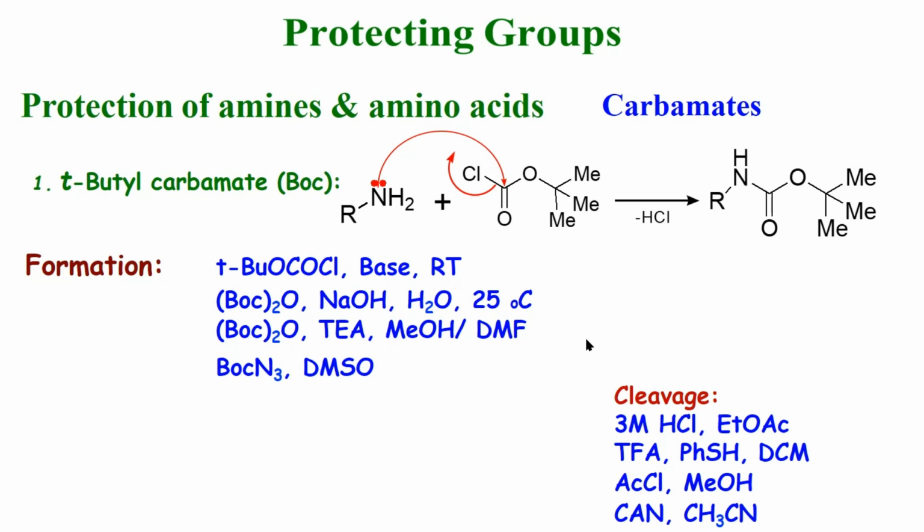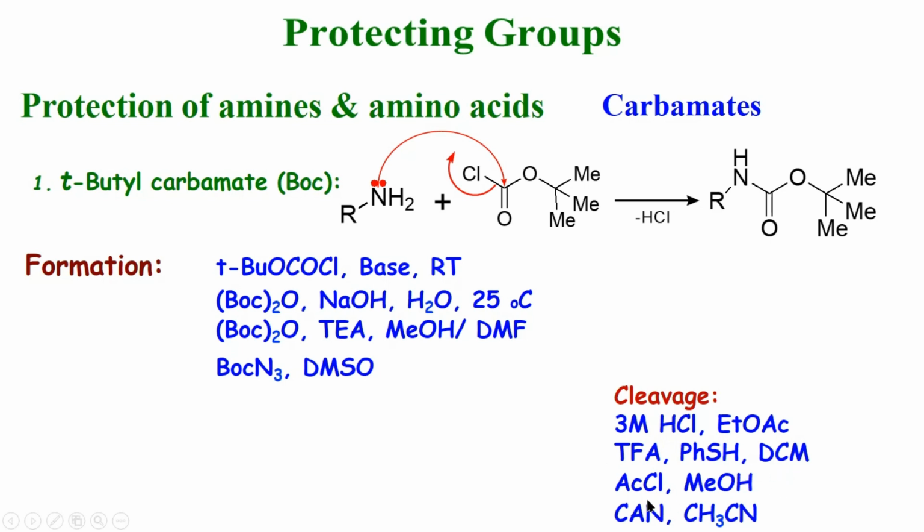These tertiary butyl carbamates are easy to cleave, and at the same time they are also stable under the reaction conditions. That's why they are an ideal way of protecting the amines and the amino group in amino acids. The cleavage of tertiary butyl carbamates and liberation of amines can be accomplished by treating with mild or dilute HCl in ethyl acetate, or we can also use strong acids like trifluoroacetic acid, thiophenol, and DCM.